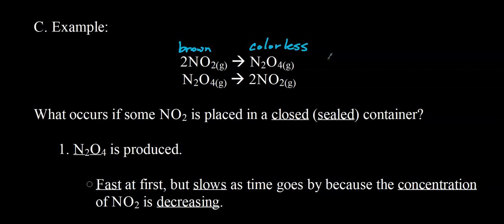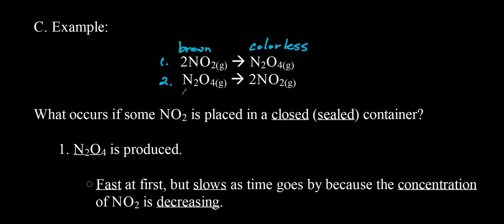Now, here's where we're going to go back to last unit and talk about kinetics and reaction rates. This reaction, we'll call this reaction 1 and this reaction 2. Reaction 1 is fast at first. Why? Well, of course, we talked about this. A reaction is at its fastest at the beginning, because that's when the concentrations of the reactants are at a maximum.